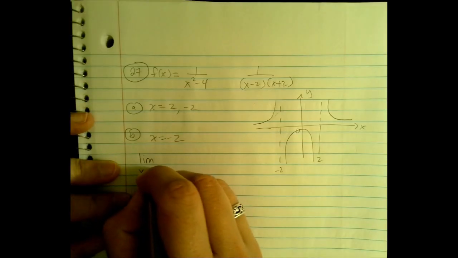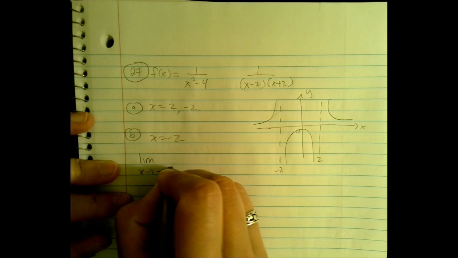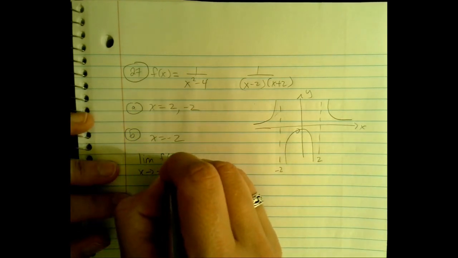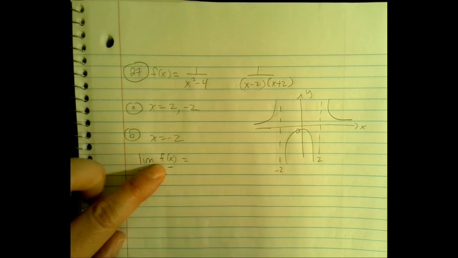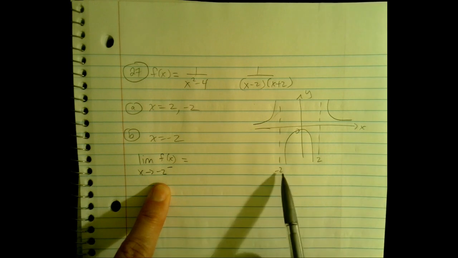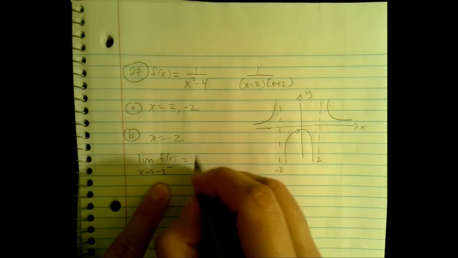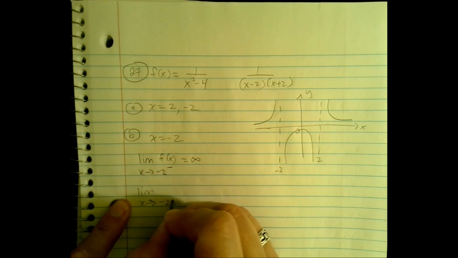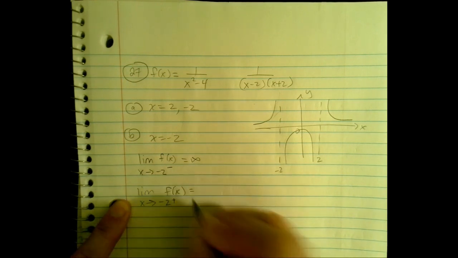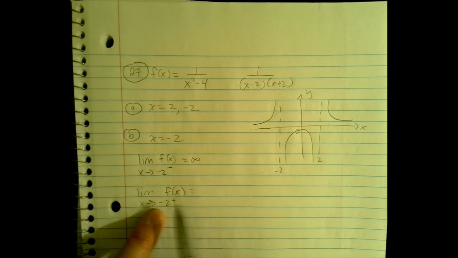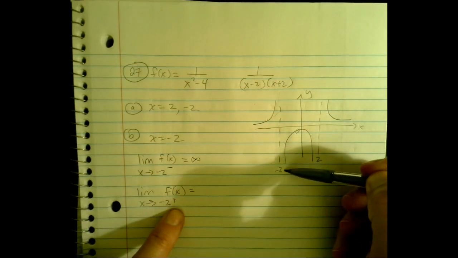As x approaches negative 2 from the left, of f of x, don't waste your time writing out the full function. Just use its function name. It'll be so much simpler. So the limit as x approaches negative 2 from the left, we can see, is going to be positive infinity. The limit of f of x as x approaches negative 2 from the right is going to be negative infinity.